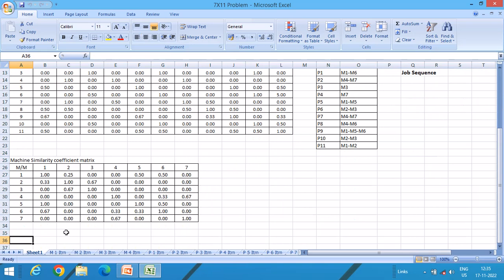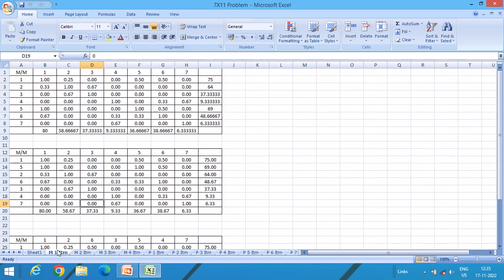Next I am taking this machine similarity coefficient matrix, 7 by 7. I am calculating the row weights by using the formula: similarity coefficient multiplied with the arbitrary index 2 to the power m minus y.